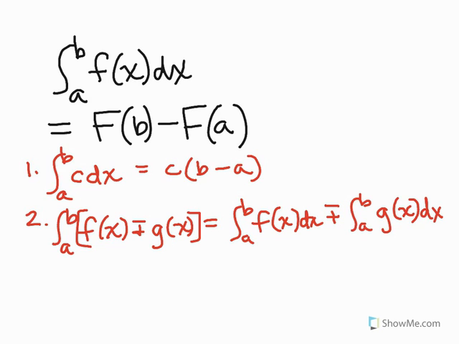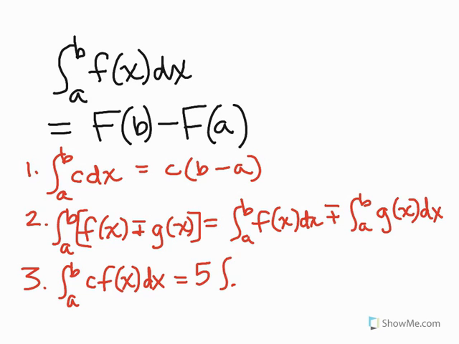And then the third property that's important says, don't worry about a constant being multiplied by the function. It can just stay by itself. So if you have 5x squared as your function, 5 is your constant, it can pop outside the integral if you want it to, and just stay out to the very end and multiply it by everything.